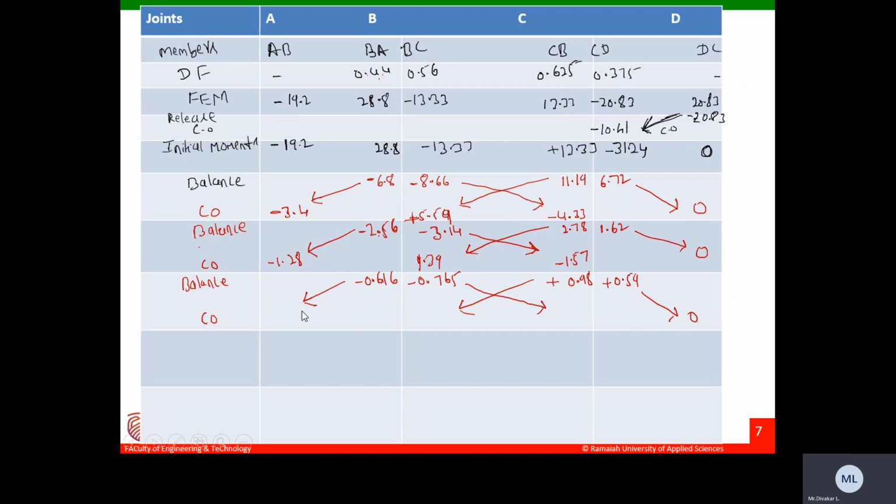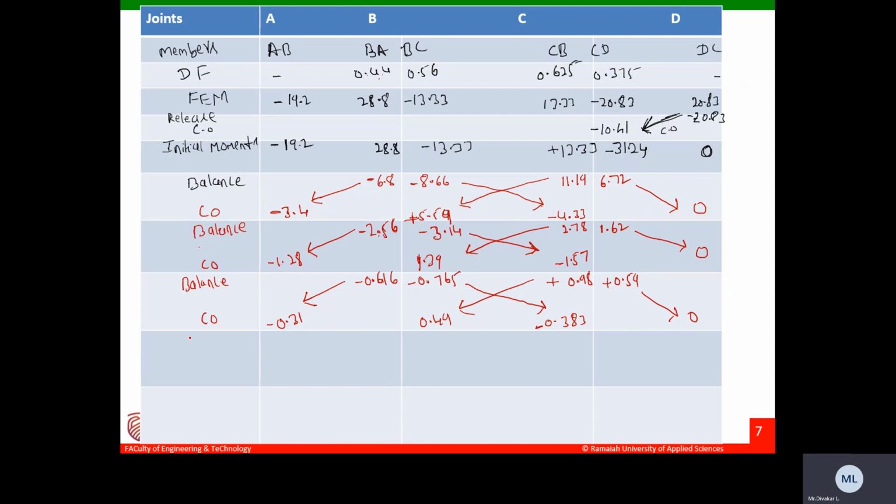Then you will get here minus 0.31, minus 0.31, 0.49, minus 0.383, minus 0.383. Then moment at this end is 0.